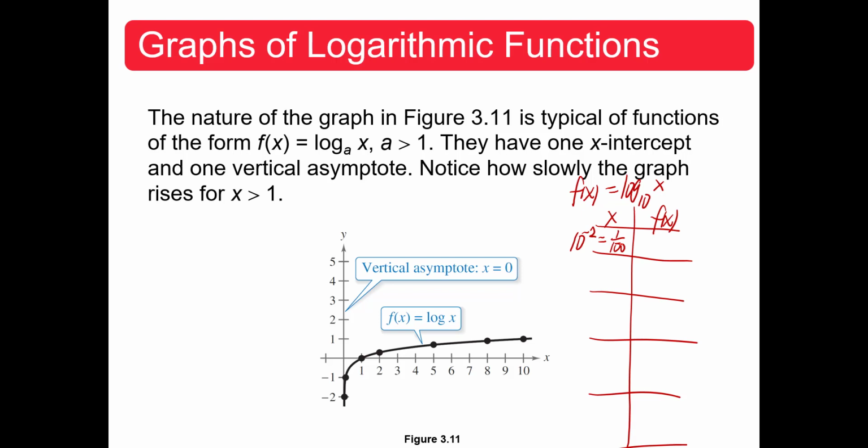The y value, f of 1 over 100, is log 10 to the negative second, which simplifies to -2.